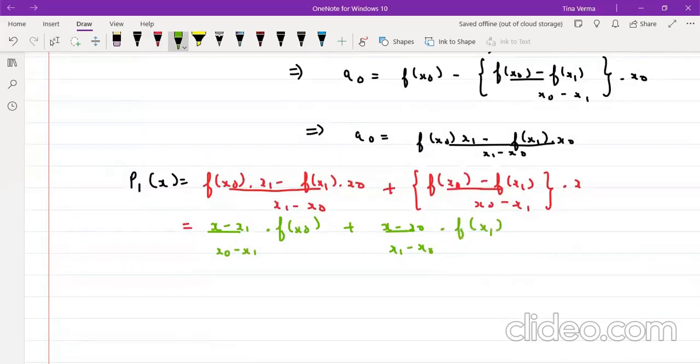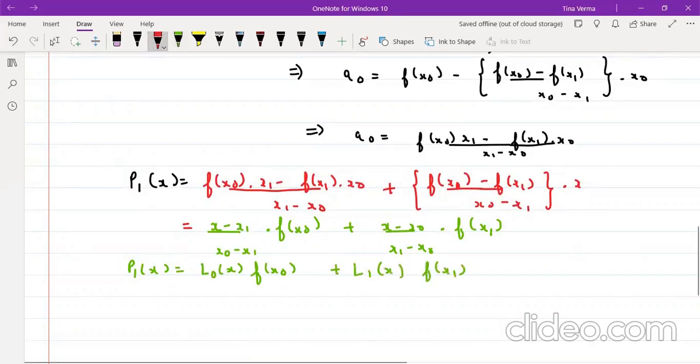So I can write P1 of x as L naught of x times the function value at x naught, plus L1 of x times the function value at x1. And these L naught and L1 are called Lagrange fundamental polynomials.